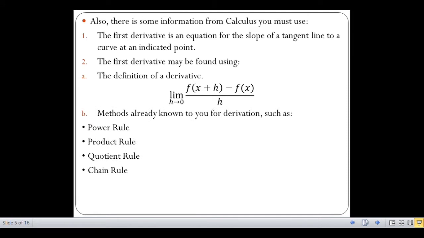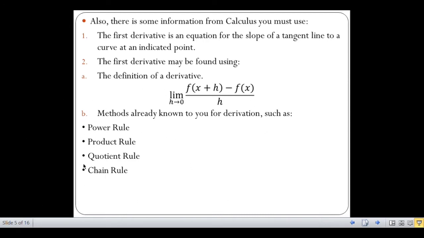Okay, then, methods already known to you for derivation such as the power rule, product rule, quotient rule, and chain rule, mostly ginagamit class sa calculus. Hindi natin ito na-discuss sa first time natin na lesson, hindi siya inabot. So, don't worry. Once na mayroon ito sa lesson, i-discuss naman natin yan isa-isa.